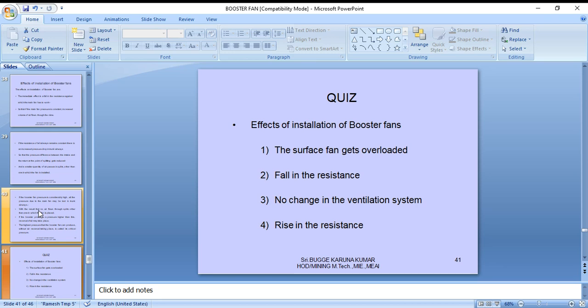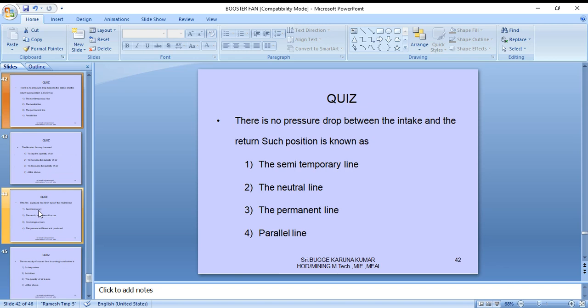there is one other advantage. There is no pressure drop between the intake and the return. Such positions are known as semi-temporary line, neutral line, permanent line, parallel line.